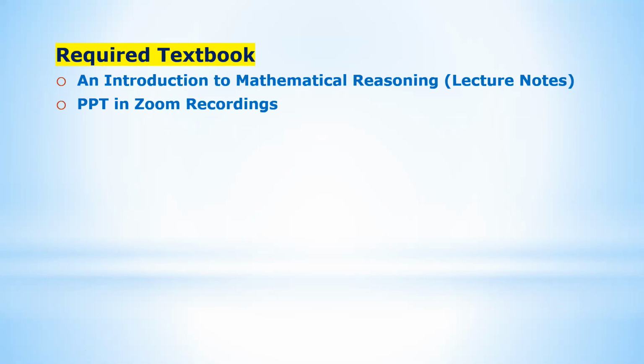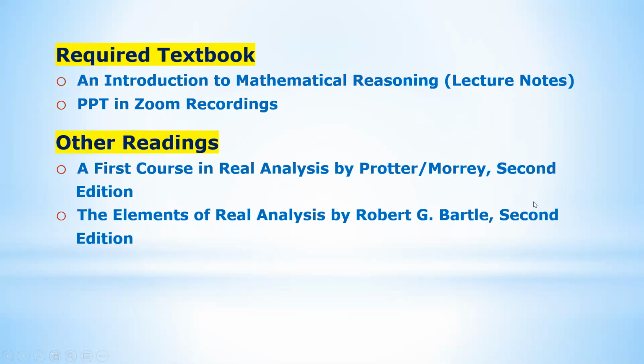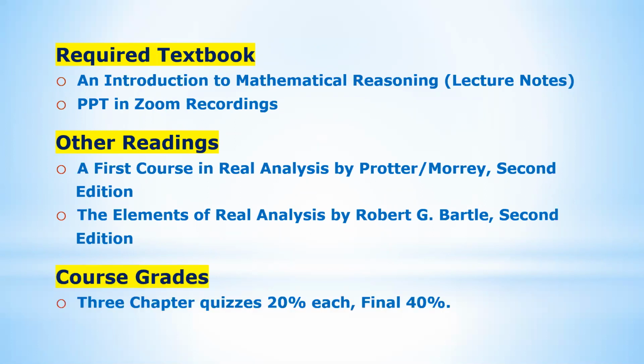Okay, so you can see the recordings, so you will get the detail about the lecture. Another thing is there are some other readings you can read by yourself, but it's not required. If you're interested, you can learn something from other books, like A First Course in Real Analysis, and also Elements of Real Analysis. Okay, so there are two additional books you can think about.